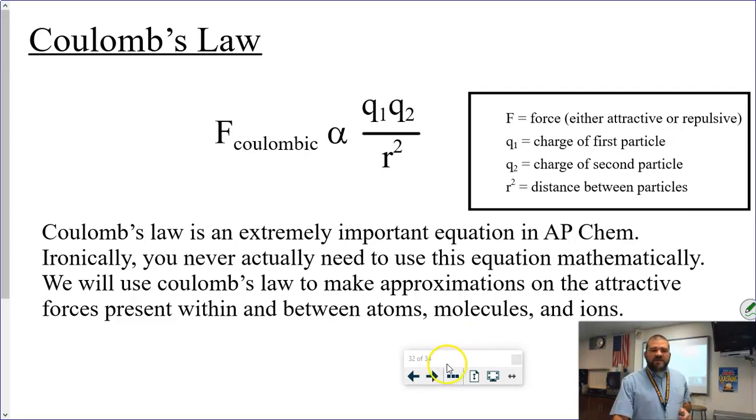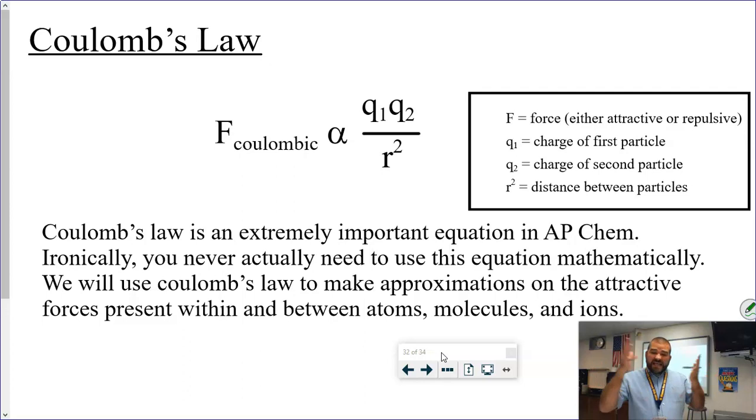Coulomb's law is used to describe attractive and repulsive forces between anything with a charge. So for us, obviously that's going to be atoms, other molecules, electrons, protons, things like that. So we apply Coulomb's law conceptually to all of these charged particles. And we have these variables.